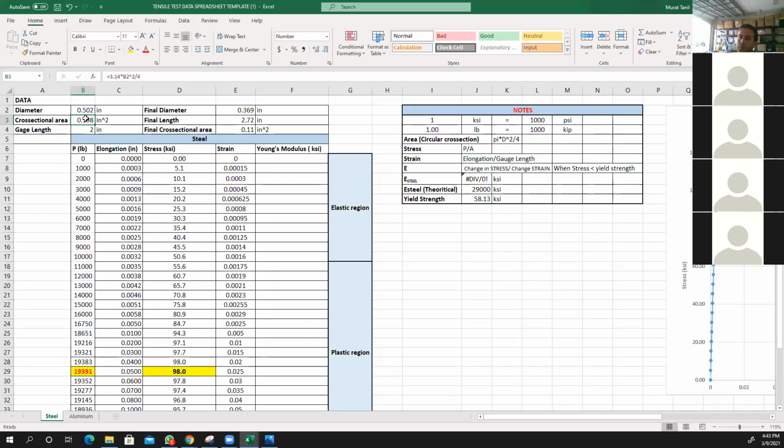I'm just putting 3.14, and if you use the pi from Excel, that's the most accurate one. Okay, thank you. 3.14, I just remember that number and use it because it's easy instead of writing the equation for pi. So whatever result you get is the correct one, as long as you use pi.